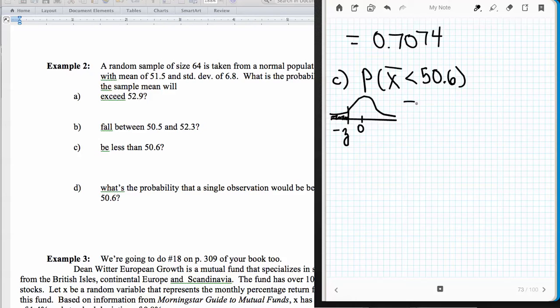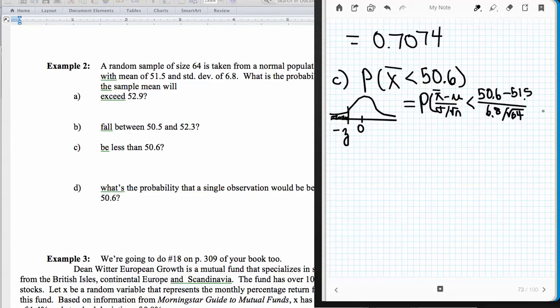So I'll have the probability that x bar minus the mean, divided by my standard error, the sigma divided by the square root of n, which is called the standard error, is less than 50.6 minus 51.5 divided by 6.8 and then divided by the square root of 64.